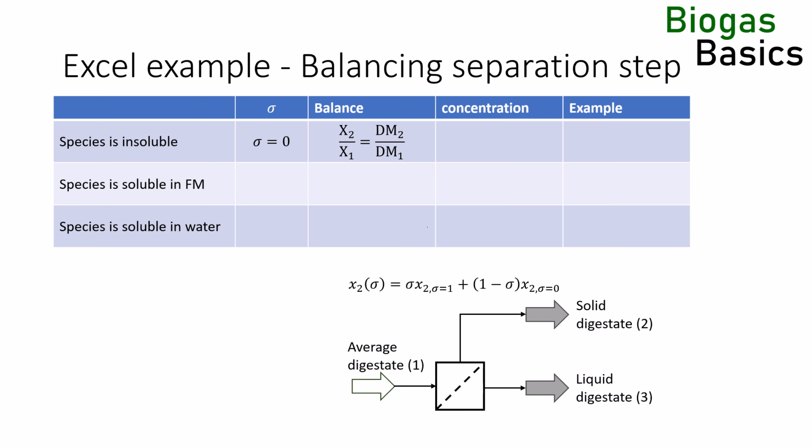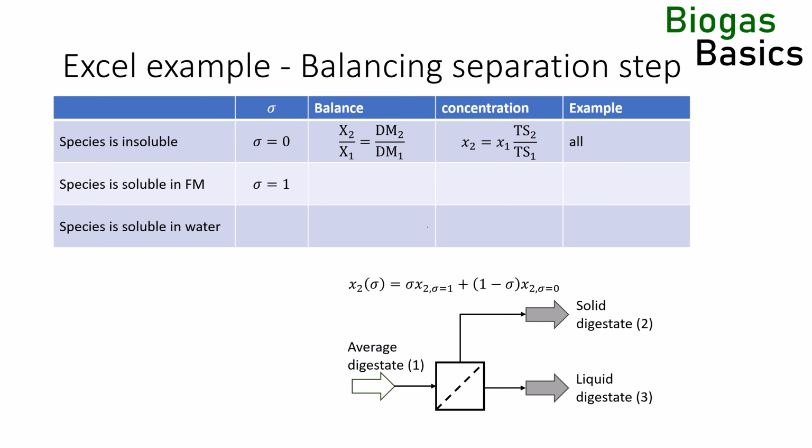When X is insoluble, it behaves like dry matter in the separation step. The concentration of X in stream 2, denoted by a small x, is x2 equals x1 times TS2 over TS1. The insoluble case is the same for both cases: species soluble in fresh matter or species soluble in water.